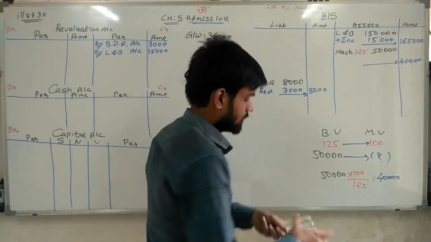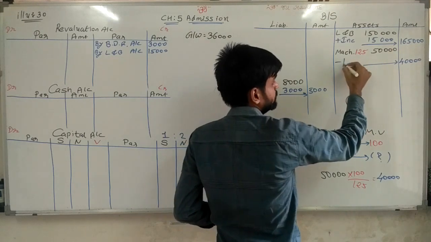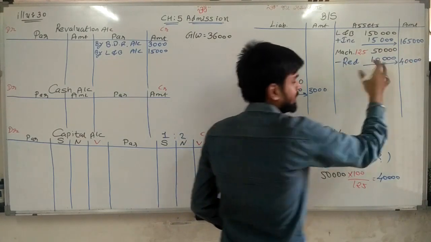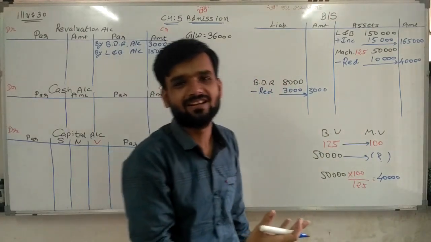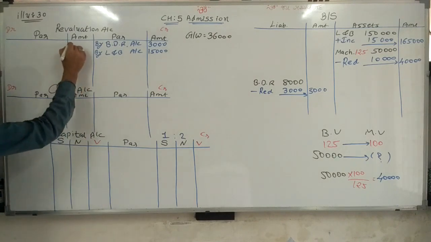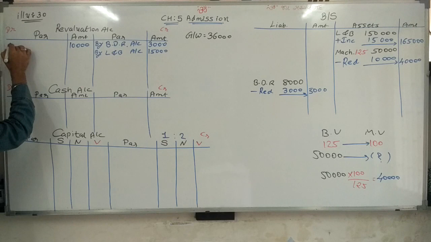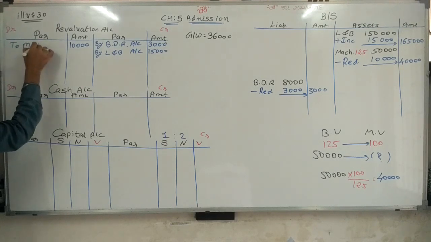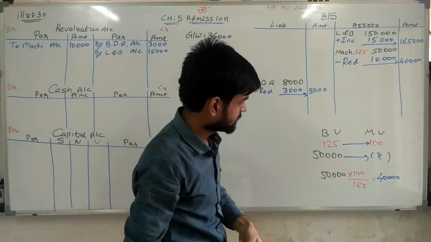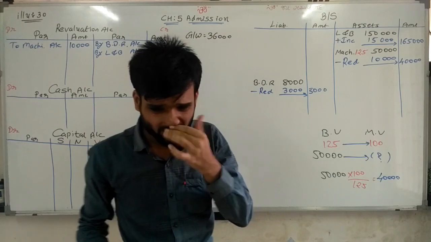Simple. So minus, sorry, because it is reduced. Now happy or sad, it's a simple sad. Asset value decrease means sad. Sad means negative, to machinery account. So this calculation is very important. Simple. Going ahead.